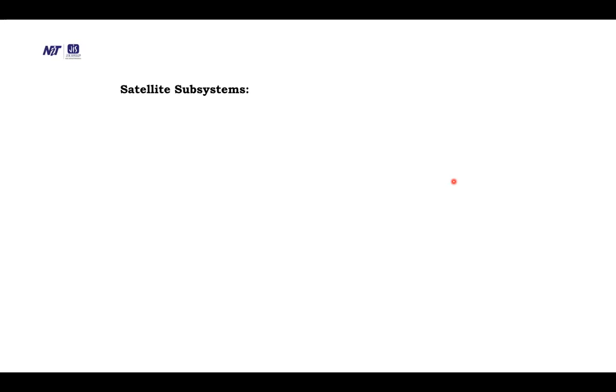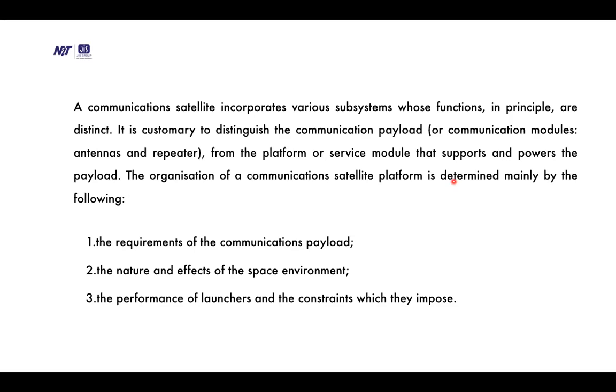Satellite subsystems. A communication satellite incorporates various subsystems whose functions in principle are distinct. It is customary to distinguish the communication payload or communication modules, antennas and repeater from the platform or service module that supports and powers the payload.